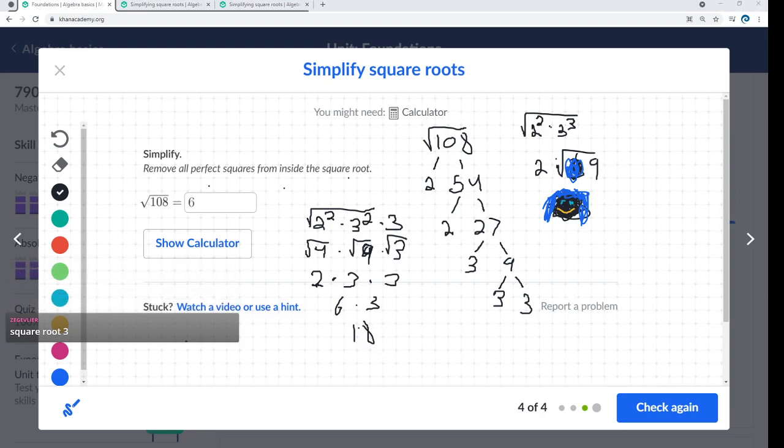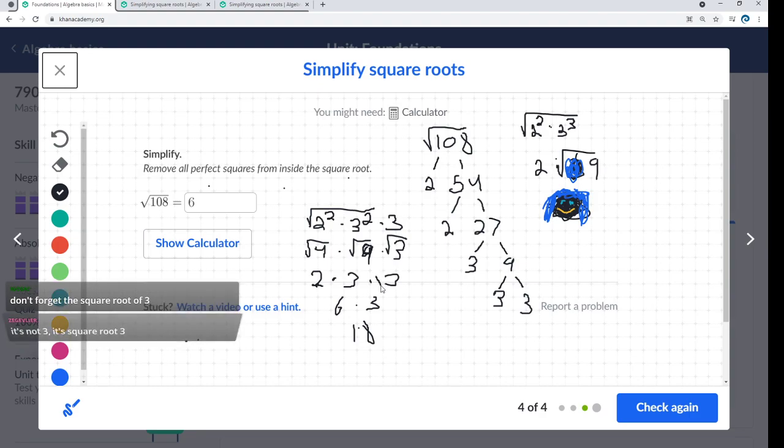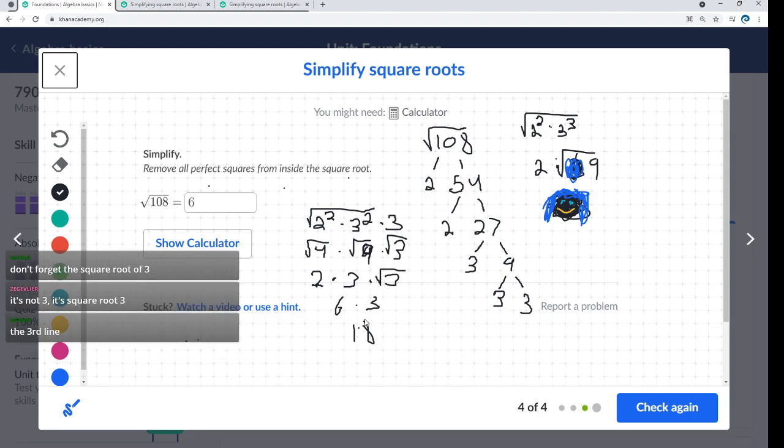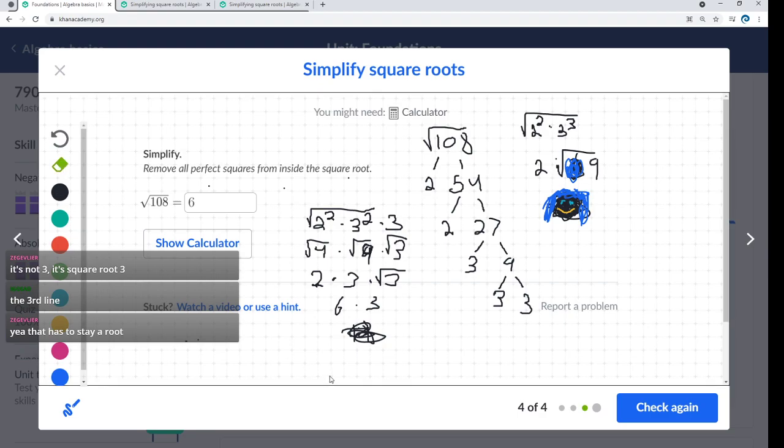This feels wrong. Yeah? No? The square root of 3 is... Oh, that has to stay. There's nothing... Right.